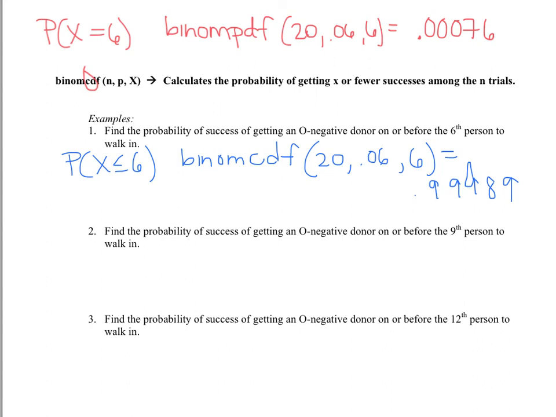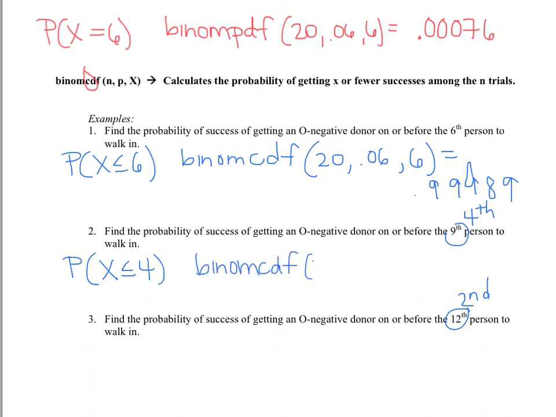So number 2, find the probability of getting an O-negative donor on or before the 9th person. Well, if the 6th person was almost perfect, the 9th person is definitely going to be very close to 1. Same with the 12th down here. So we're actually going to change it so it's more relevant. Let's try the 4th person here, and we'll make the 2nd person here. So for number 2, let's set it up so we want it on or before the 4th person. So I'm going to repeat what I did up above. Binomial CDF 20.